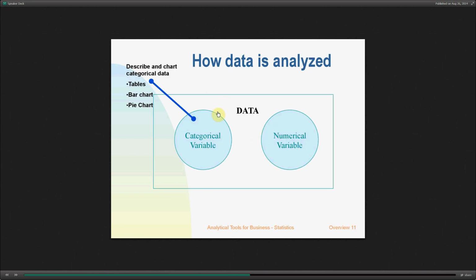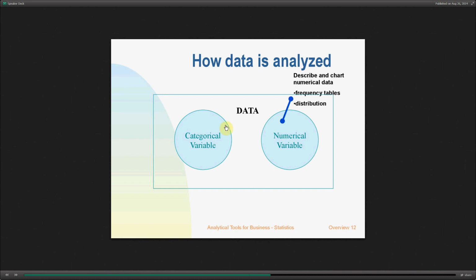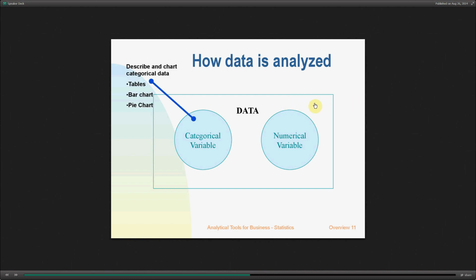So when we have categorical variables, that determines how we might describe that data by using various different tables, bar charts, and pie charts. If we have numerical data, we might describe it with charts and numerical summaries, such as frequency tables or a distribution. So you notice there's kind of a difference between the two.